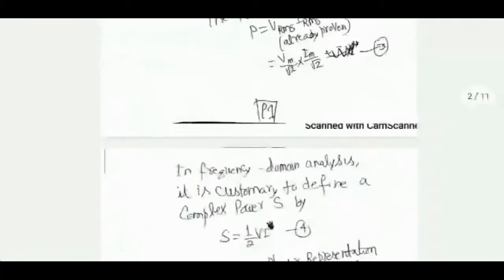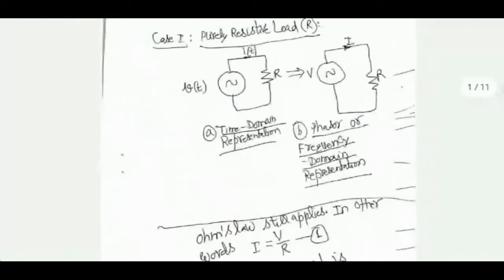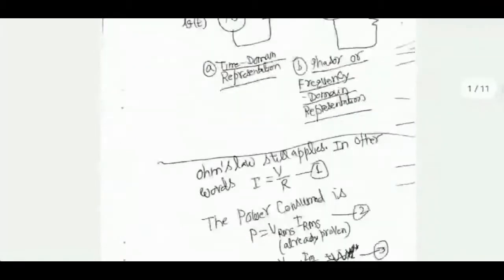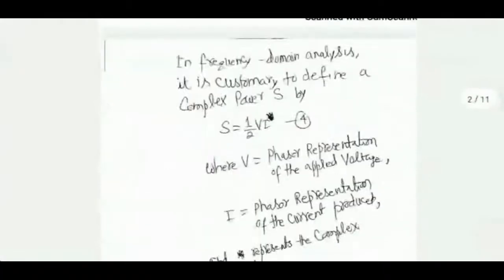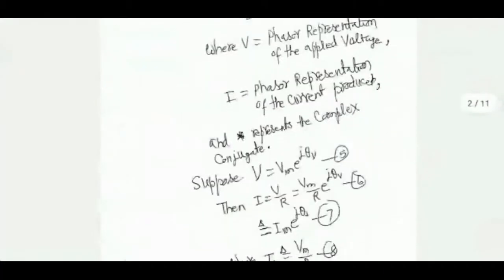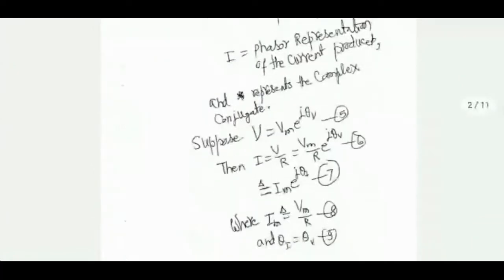Then in this particular case, where the load is purely resistive, what is the value of S? Note that V in general is represented by equation 5 in phasor domain. So I will be V upon R, which is Vm divided by R e to the power j theta V. And let me define Vm divided by R as Im.